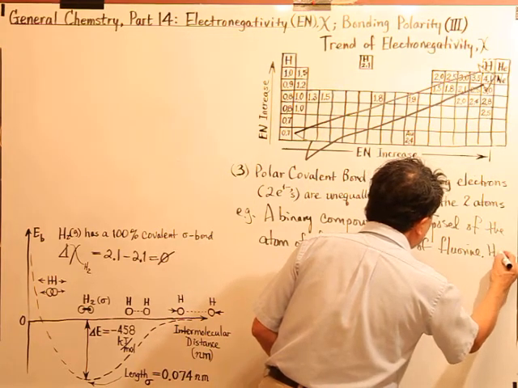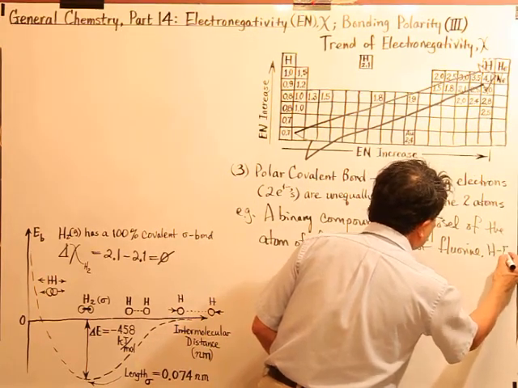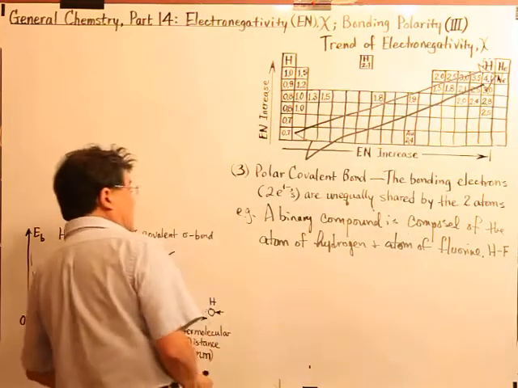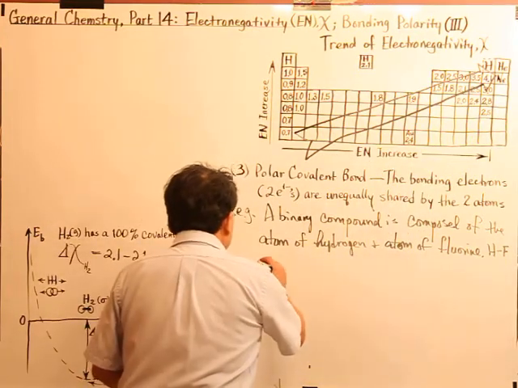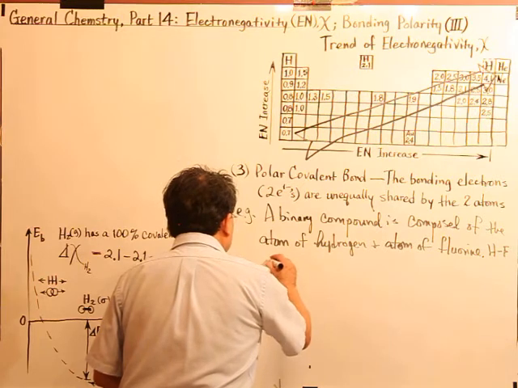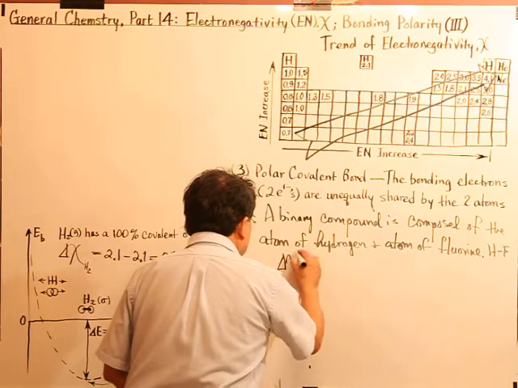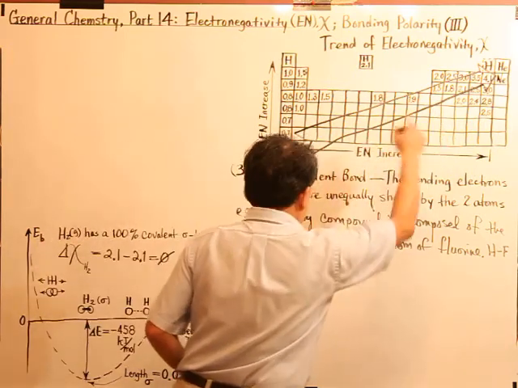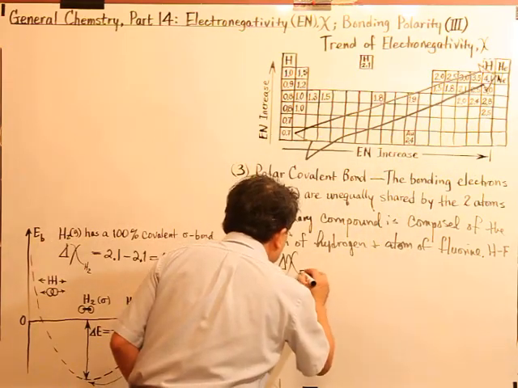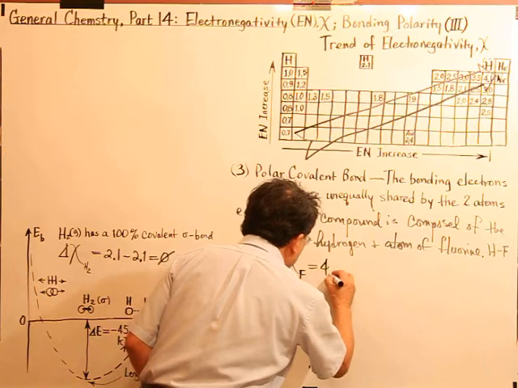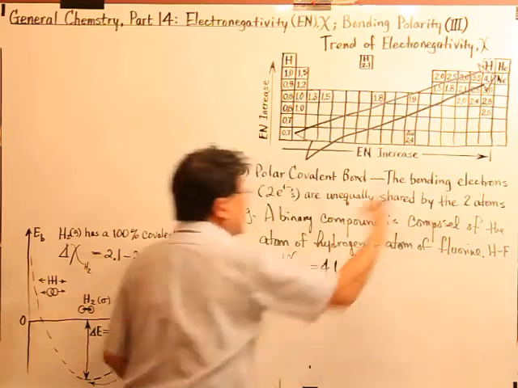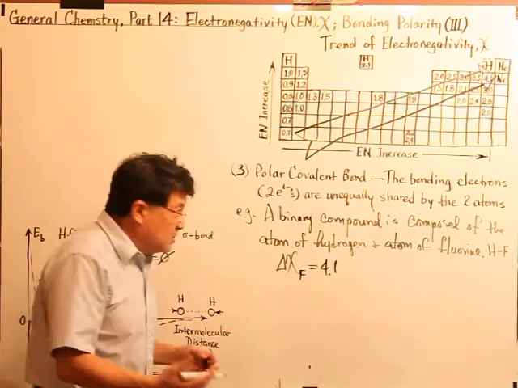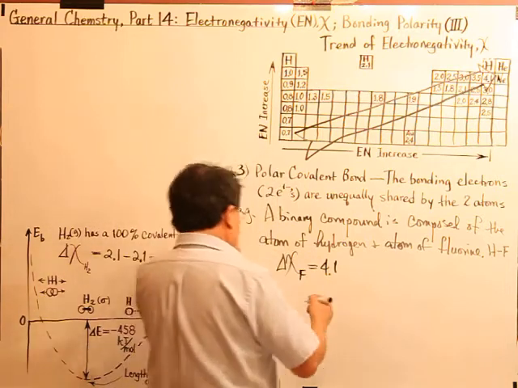H and F, right? You form bonding in between. Now, check the difference in electronegativity. Fluorine is 4.1 in my table. Most tables say 4.0. I use the old book, maybe.